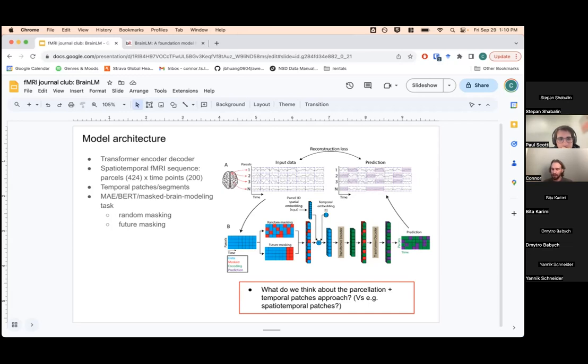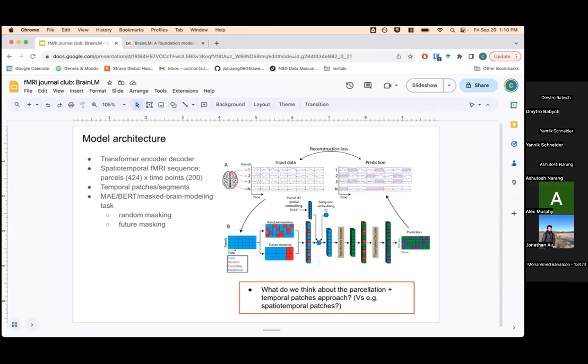And then the next interesting step is they patchify these inputs into temporal segments that are 20 segments long. So basically the analog of the token or of the patch in this context is a segment of 20 time steps within a single parcel.